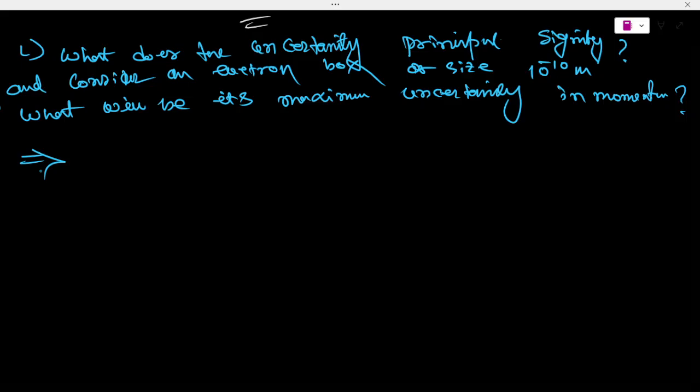Now, in English, the Heisenberg uncertainty principle is a physical law of quantum mechanics. It says that the more precisely you measure the position of a particle, the less precisely you can know its motion or momentum or velocity, and the more precisely you measure the particle's motion, the less precisely you can know its position.